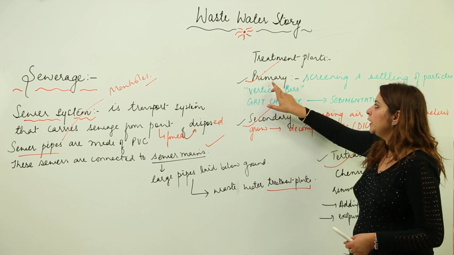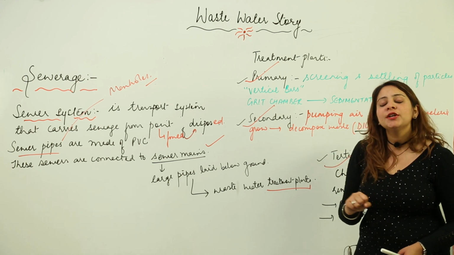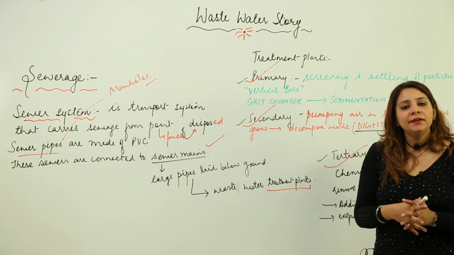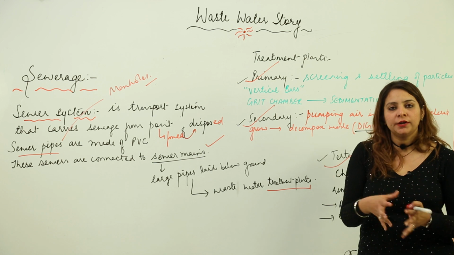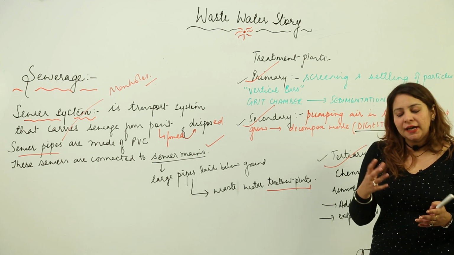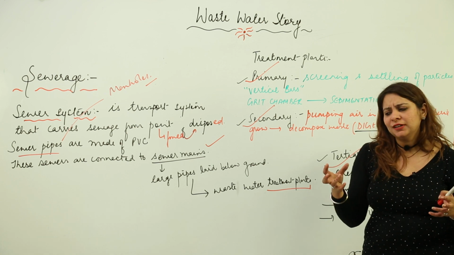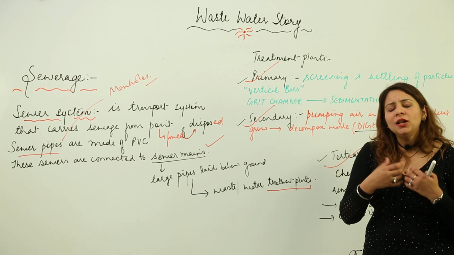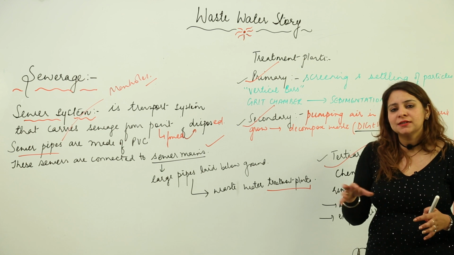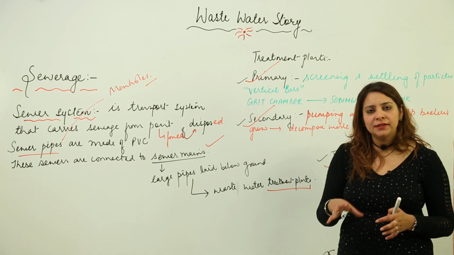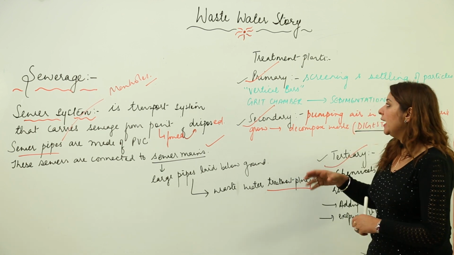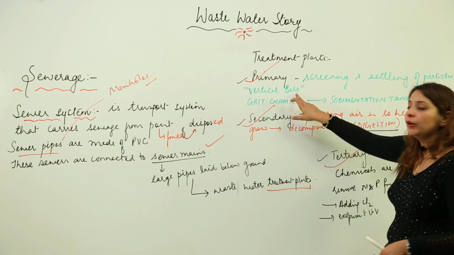So the first treatment is the primary treatment, in which the contaminated water, that means the sewerage water I am talking about, contains many plastic cans, plastic bags, lots of raw vegetables. All that waste, the domestic as well as all the waste present in the sewerage, you are all familiar with. That water is passed through vertical bars.